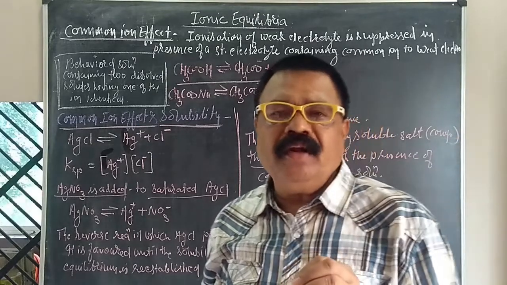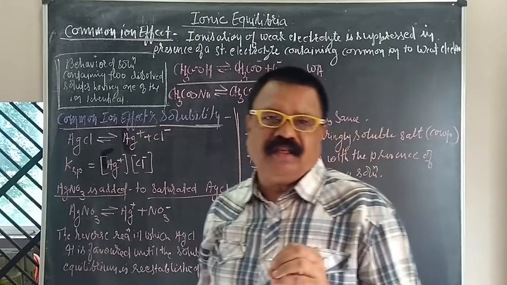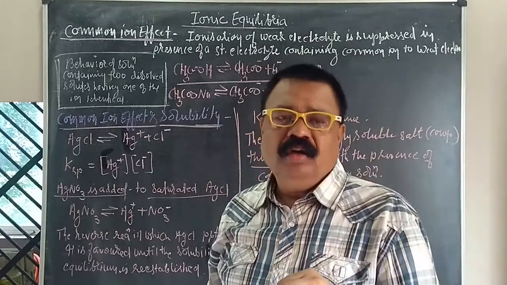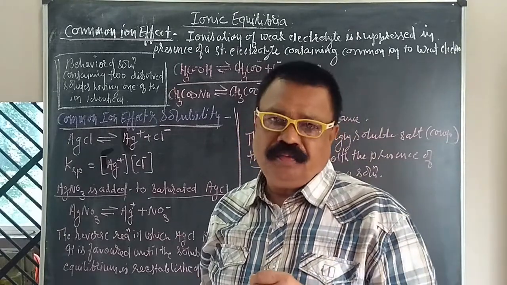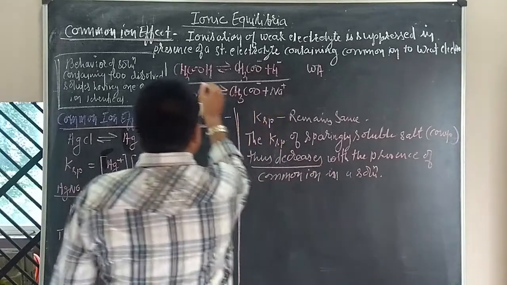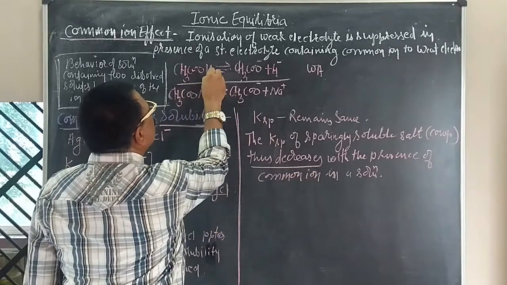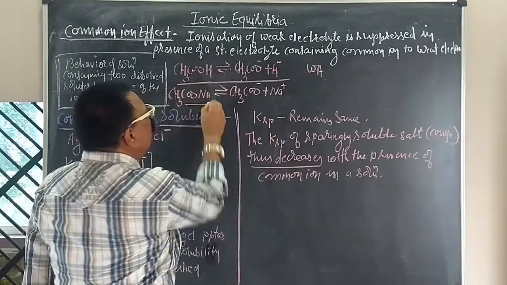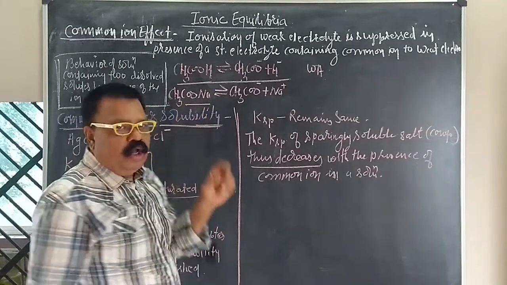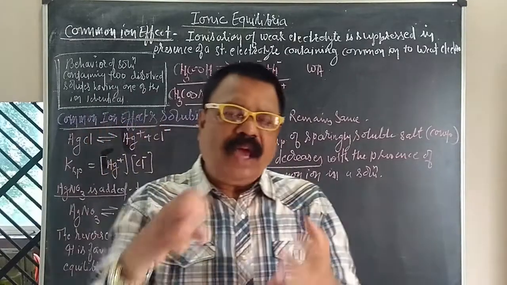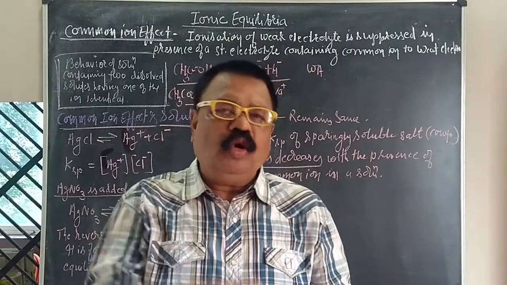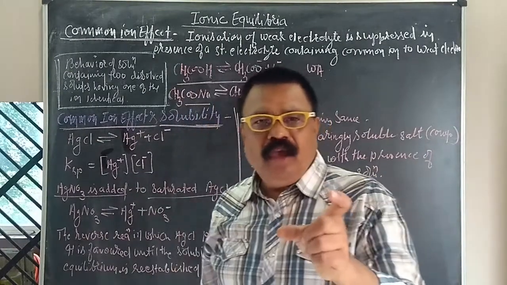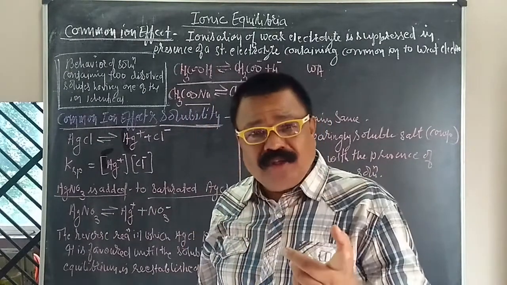Now I'm taking here the mixture of the acetic acid along with its salt of a strong base. So it is a mixture of the acetic acid CH3COOH plus CH3COONa, sodium acetate. So when I use the mixture of the acetic acid along with the sodium acetate, यहाँ पे दोनों इसमें common ion कौन सा होता है?